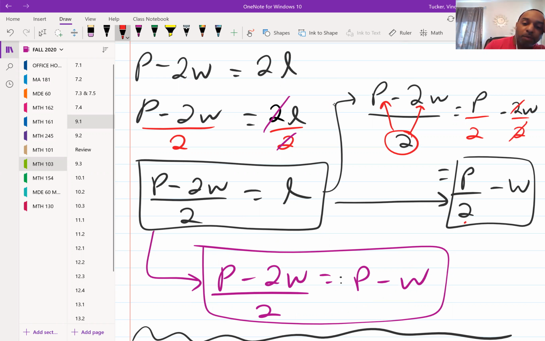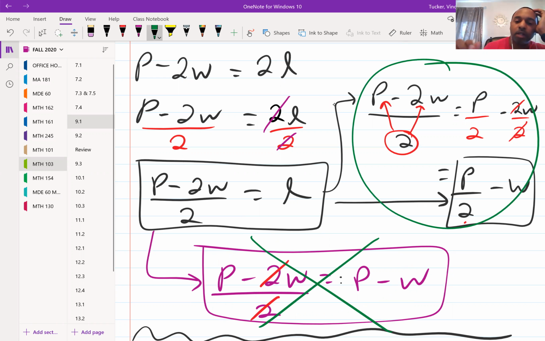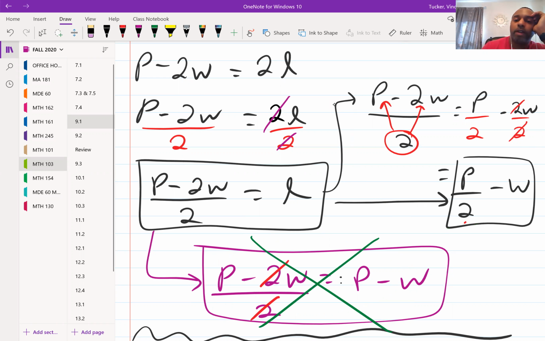What a lot of people like to do is cancel out this 2 and then write P minus W as an answer, and that way is incorrect. You can't just cancel out the 2 that way. This way up here is the correct way of handling the reducing. That 2 in the denominator has to go into each numerator.